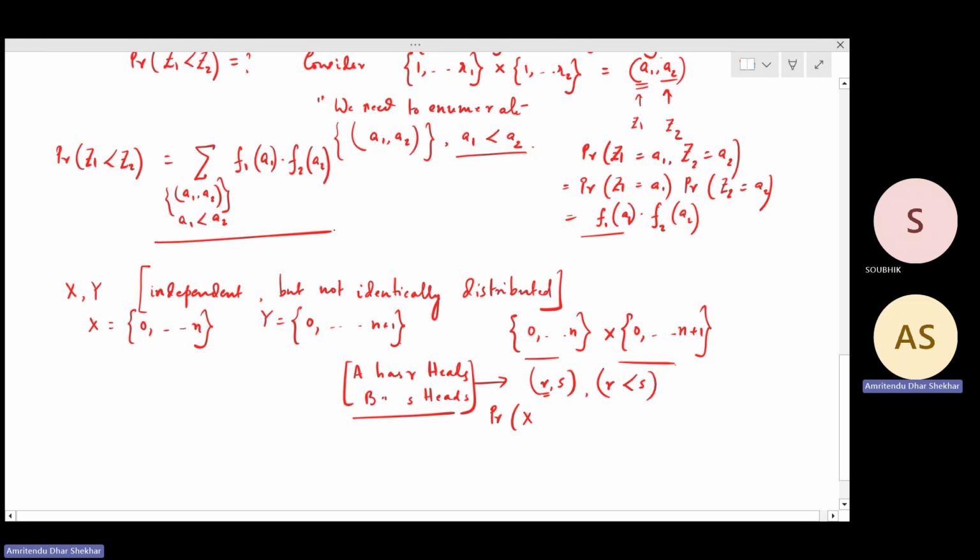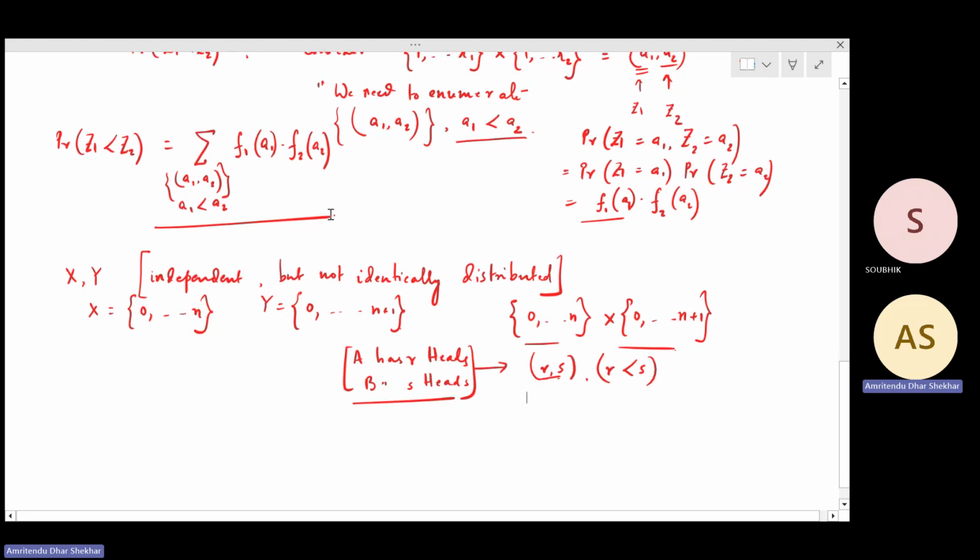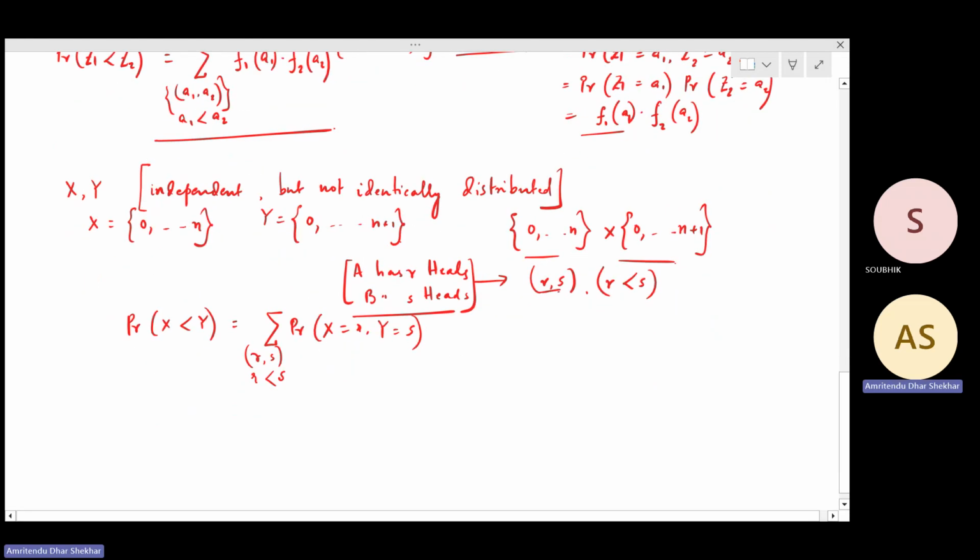For X to be less than Y, we need to enumerate all tuples r comma s where r is smaller than s. So by this formula, the probability of X being less than Y equals the sum over r comma s, where r is smaller than s, of the probability of X equals r, Y equals s. Now, what is the probability of X equals r, Y equals s?